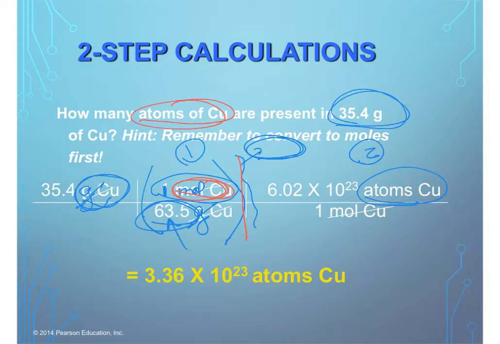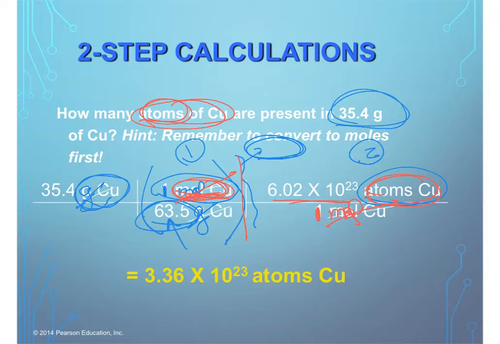But you're going to follow the same process. We have moles on top here now, so we need moles in the denominator here so that they cancel. Put a 1 in front of mole always. And the units they're asking for are atoms. Again, anytime you see atoms or molecules, use Avogadro's number in front of that.